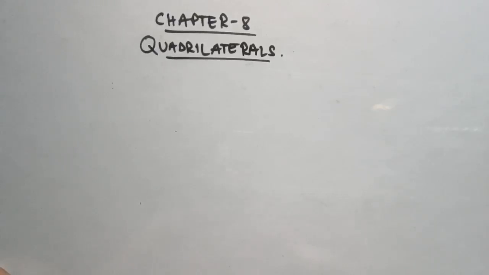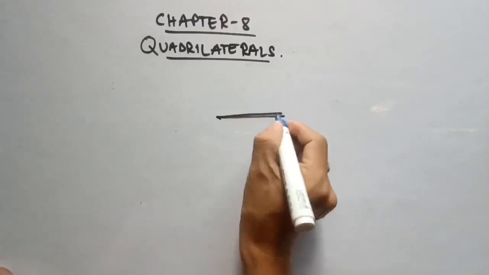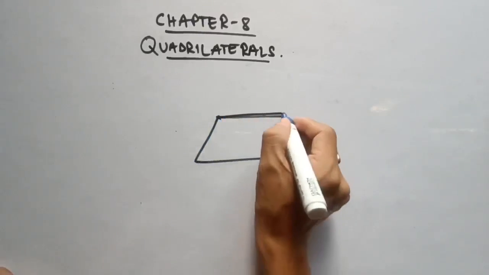So a quadrilateral is a polygon having 4 sides. Any polygon having 4 sides is known as quadrilateral.